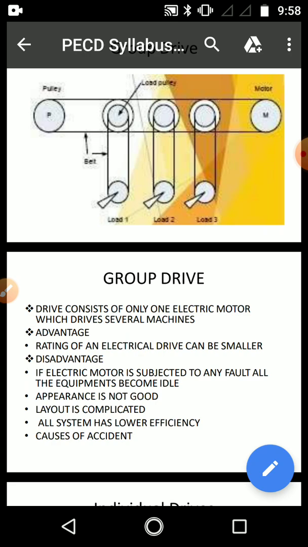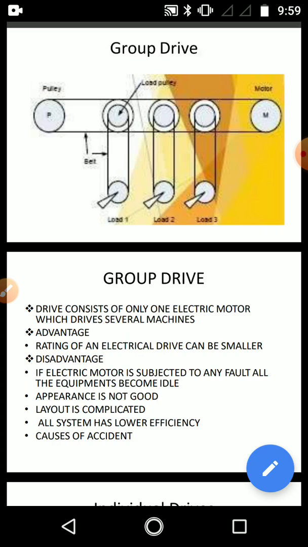If that motor malfunctions, then all the rest of the connected loads will sit in an idle condition. This is the big disadvantage, being interdependent on each other. Appearance is not good, and it is very complex in nature.